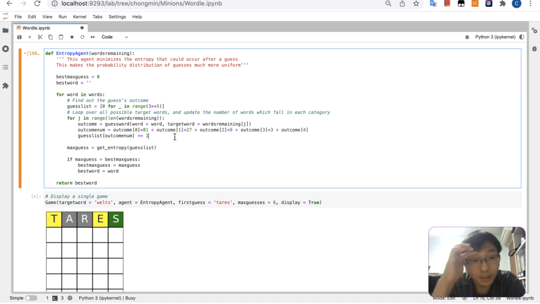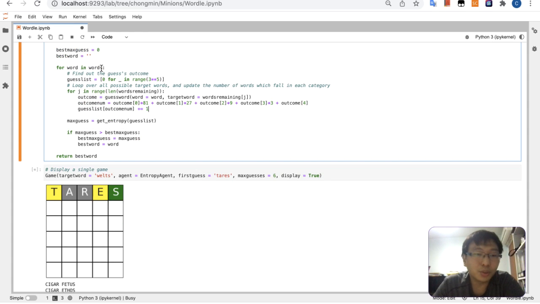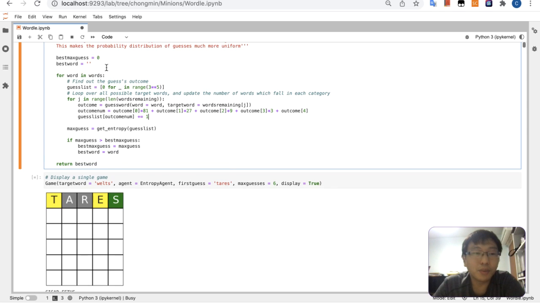Yeah, so it turns out that even for the entropy agent, you are still not able to, if you limit the words to just the hard mode words. If you just use a single greedy look ahead to choose the next word that maximizes the entropy, you may still not be able to guess it within 6 tries.